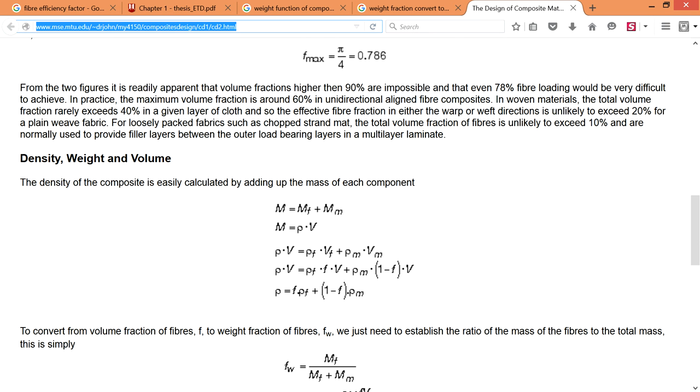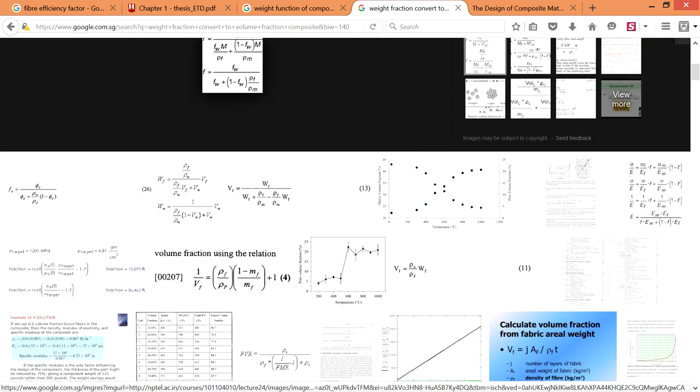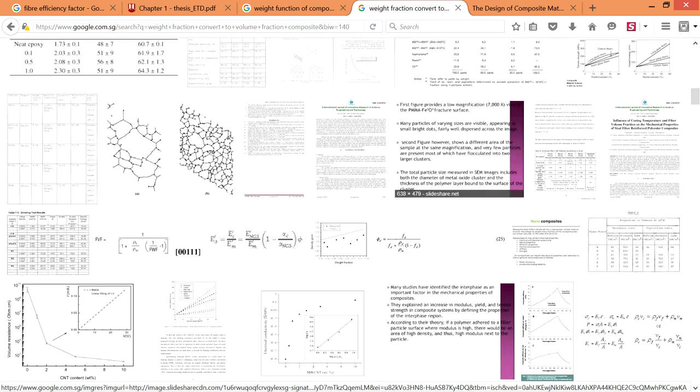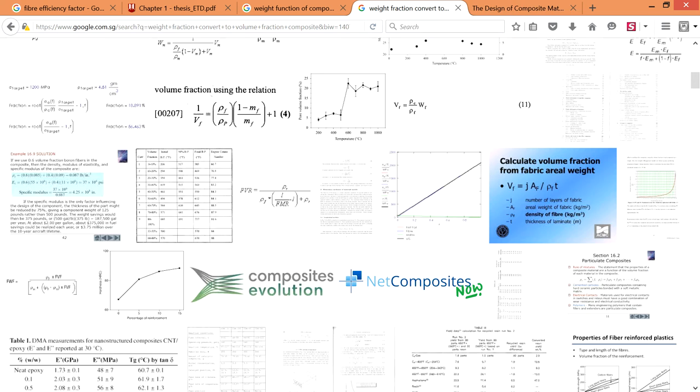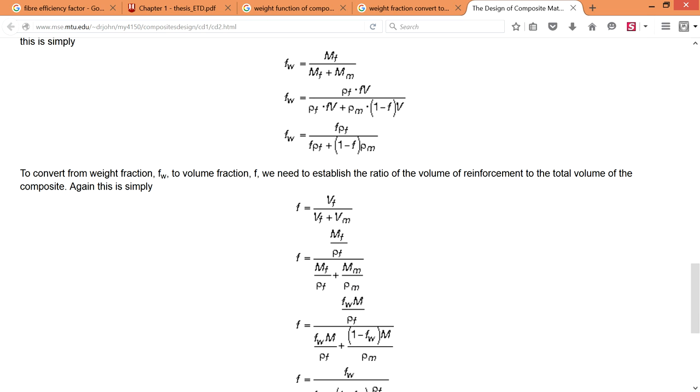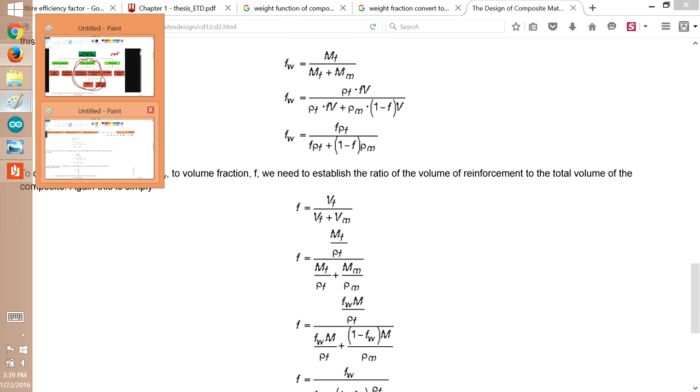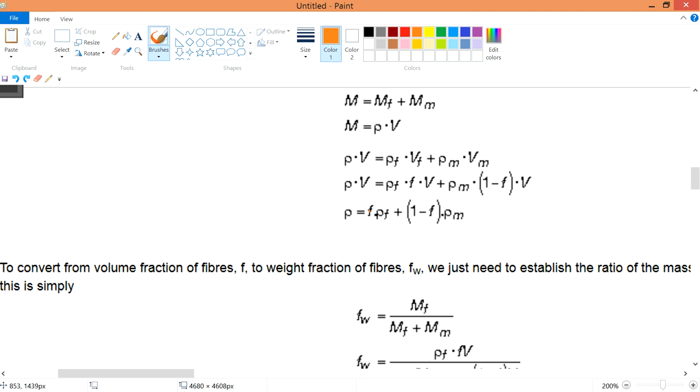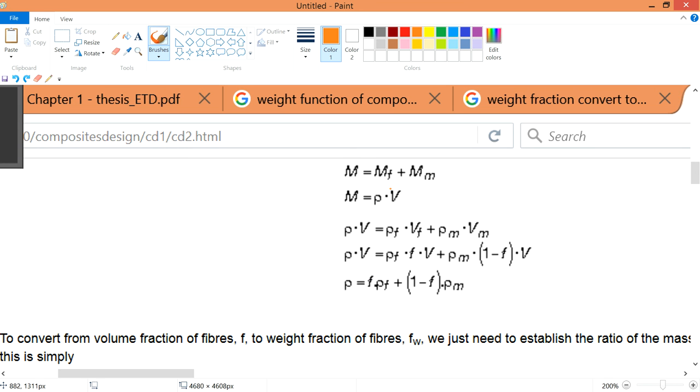You can search weight fraction, and type in fiber packing, whatever. You eventually find this one, where the equation is also a bit weird. Over here is pretty nice already: your volume, and suddenly he expands your volume as fiber times volume. I don't even know what the fiber is.